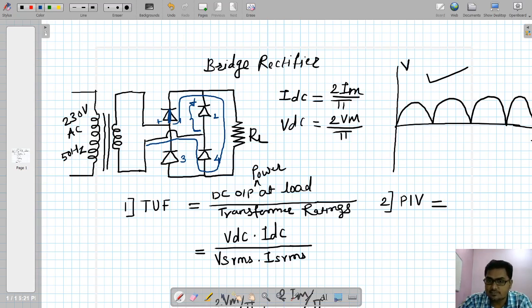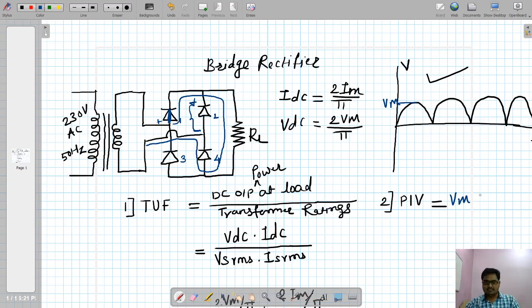One peak means I am talking about this voltage. Look at the waveform, I am talking about this. So in a bridge rectifier, the diode which is in reverse bias handles only one peak, and it is the maximum reverse voltage handled by the diode. So the peak inverse voltage will be Vm.